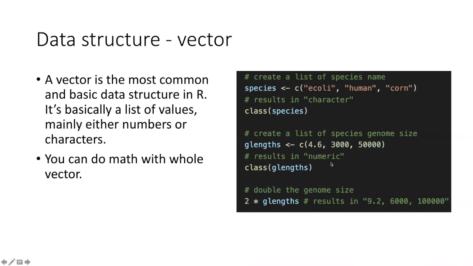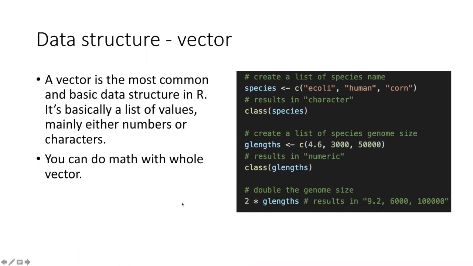So now I want to ask a question. If you create a vector including integers, decimals, and characters, let's say 4.6 and human and corn, when you check the class of this variable, what's it going to be? Anybody have an answer?